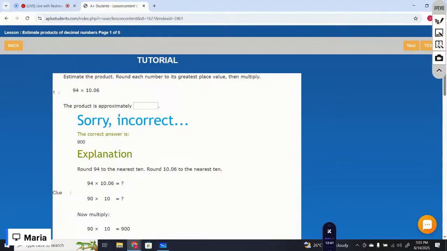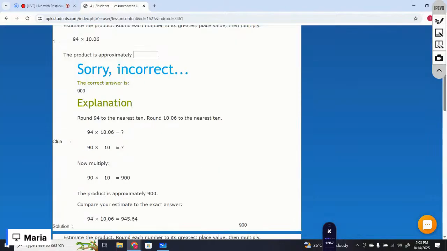94 times 10.06. So 94 is rounded to 90 and 10.06 is rounded to 10.